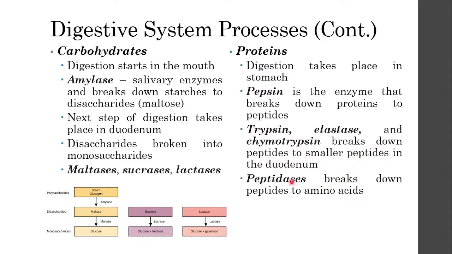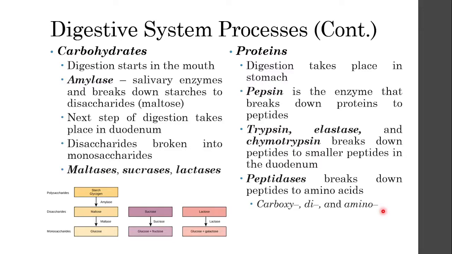So the peptides are broken down by peptidases. We have different peptidases, and they break peptides into amino acids. Now we have the amino acids, more specifically the amino acids that we cannot make. And there's actually a list of those amino acids that we cannot make in our body in your module. I'm not going to show it here anymore.